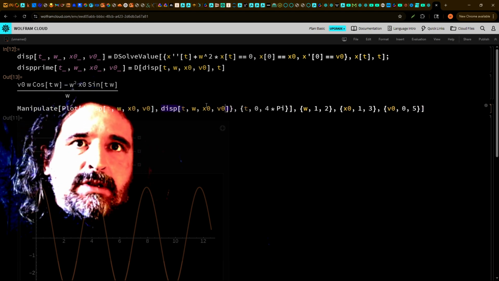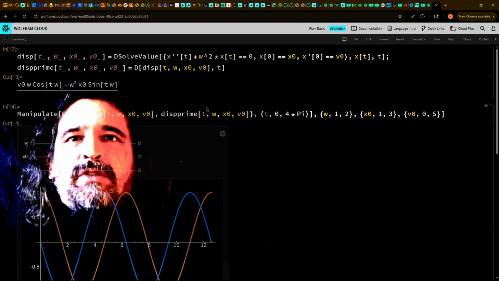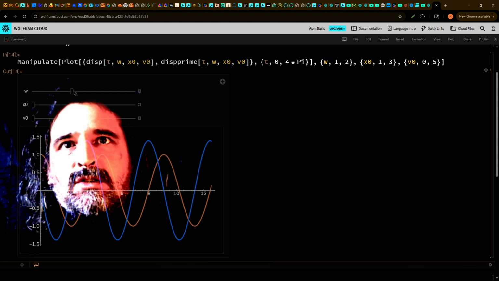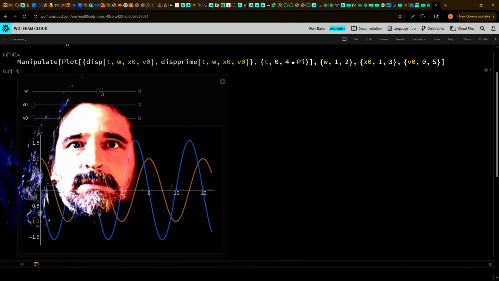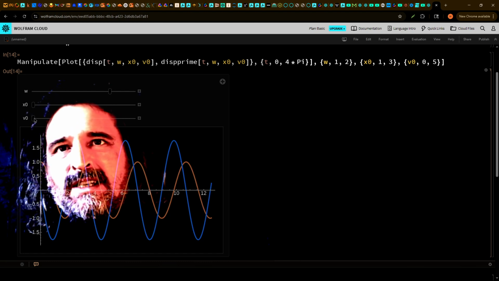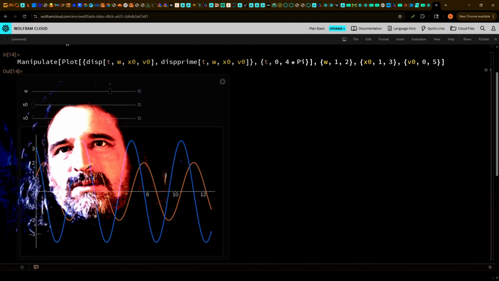So this was called this prime. And now that should show both the function and its derivative. And you can see that their frequency changes together. And if I change v naught, the derivative is going to increase. Do you see how the derivative, which is the yellow curve, increases?